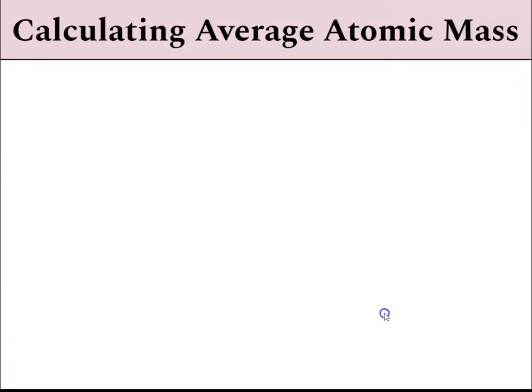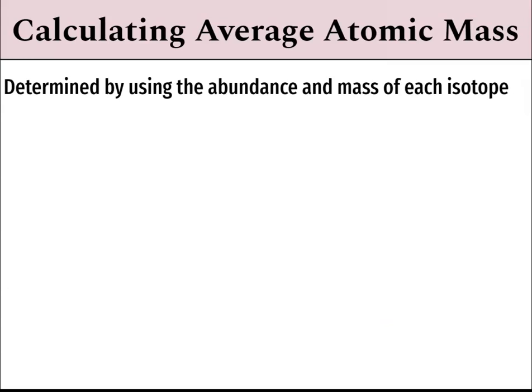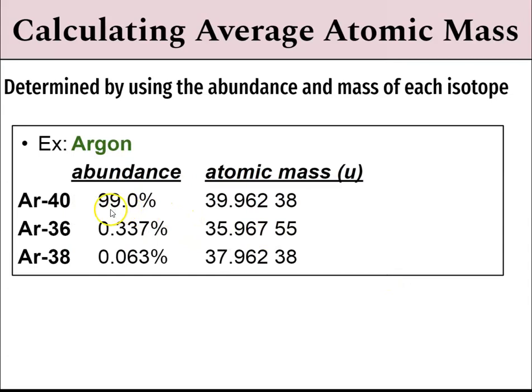So how do we calculate the average atomic mass? Well, it's determined by using the abundance and mass of each isotope. So what you're going to do is change this abundance to a decimal, and simply say 0.99 multiplied by 39.962, plus 0.00337 multiplied by 35.967, plus, and then this written as a decimal, multiplied by 37.962.